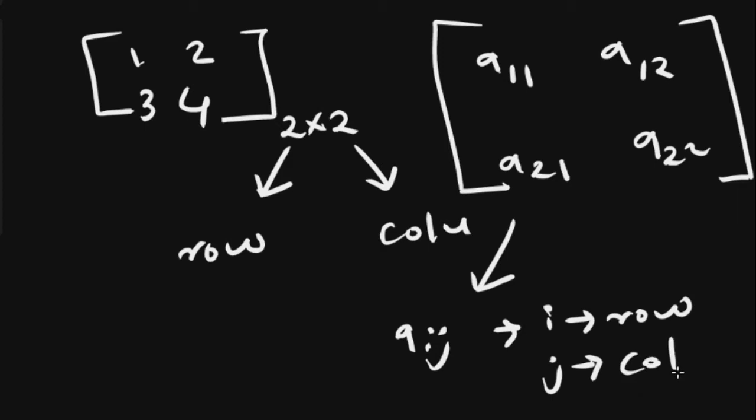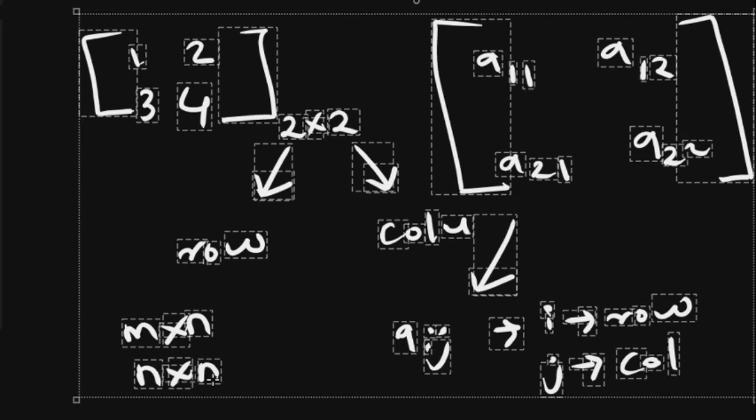This is the basic notation for matrices. A matrix can be of any size, m cross n, or it can be a square matrix, n cross n. Let's see a few examples and then see the operations.